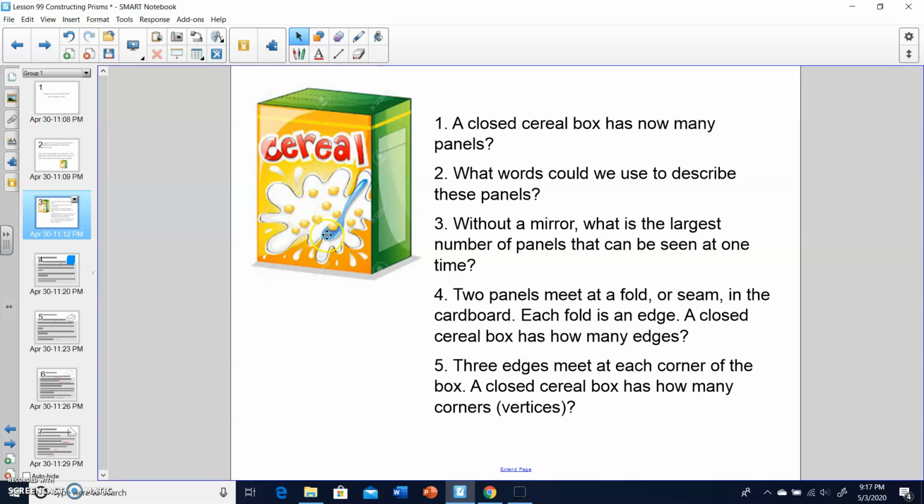So 12 edges, some that we can see, some that we can't see, but 12 edges total.